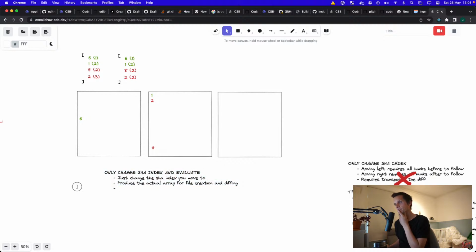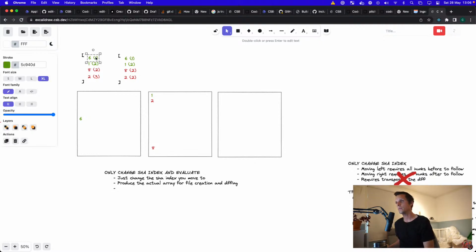So what we would do here is we would look at, so we would go from the beginning and we would look at 6. Okay, you're on here. Okay, sorry, we have to do more here.